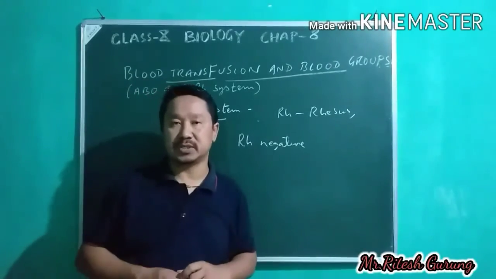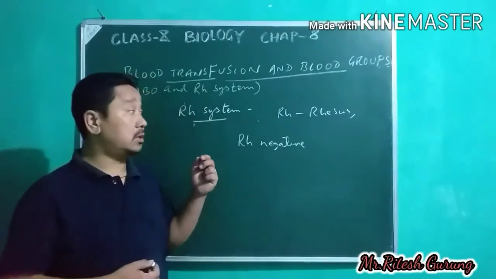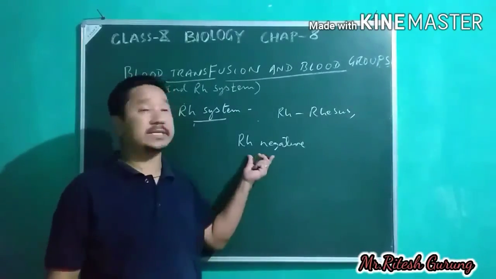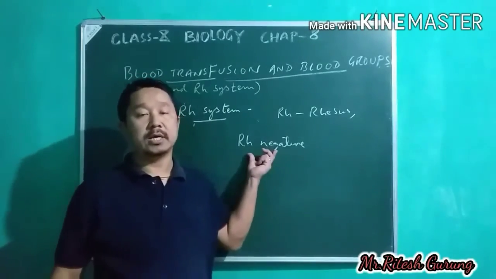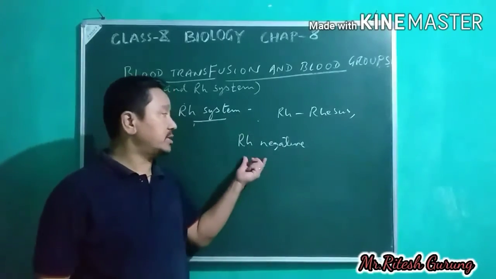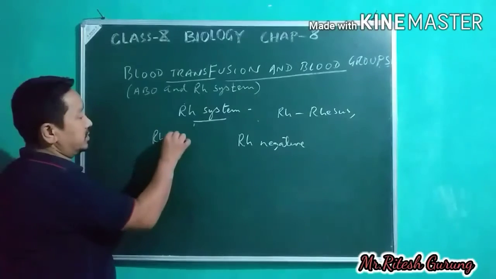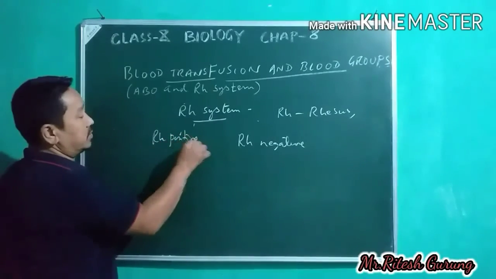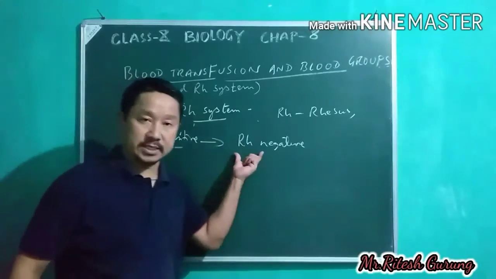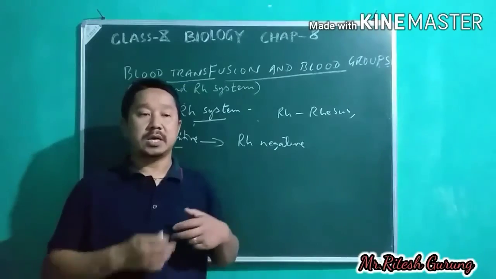Now, during the time of blood transfusion, suppose blood is being given to a person who is Rh negative by a person who is Rh positive. In the first blood transfusion, it will be okay.